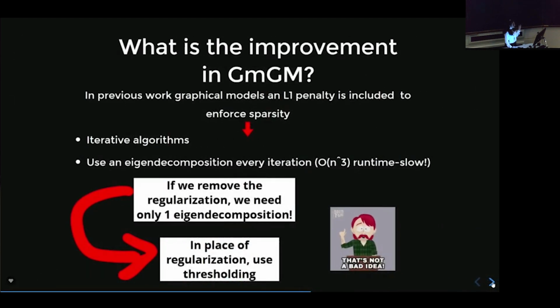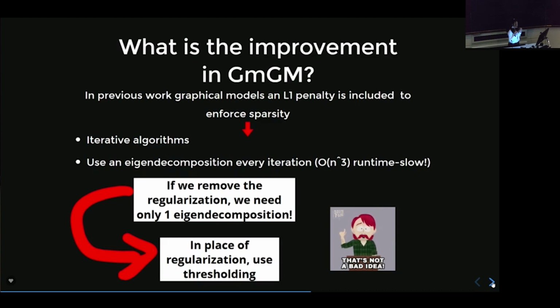Now, what is the real improvement in our approach to GMGM? As I was saying, in previous work the big issue was that the sparsity was imposed with this L1 penalty. That implied iterative algorithms, and that implies that at every iteration you have to redo an eigen decomposition, which means a runtime of n to the power of 3 for every iteration.